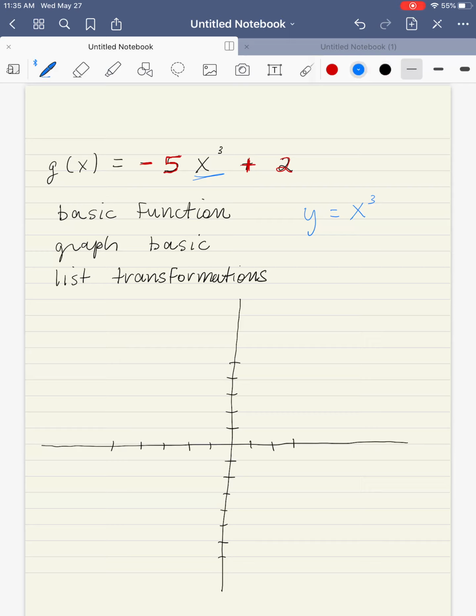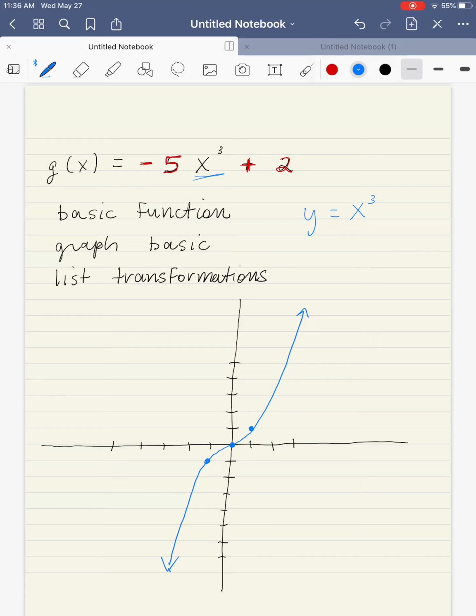And I draw my basic function, y equals x cubed. I know I have 0, 0. 1 cubed is 1. Negative 1 cubed is negative 1. And I know from memory that that's the one that curves upwards and downwards. So I have a graph that looks like that.